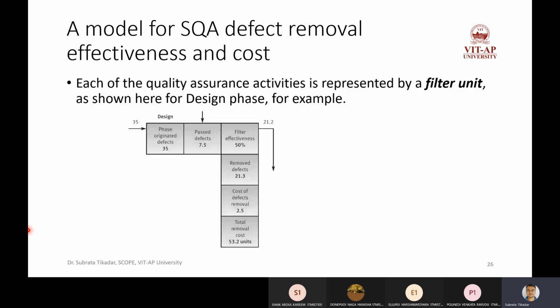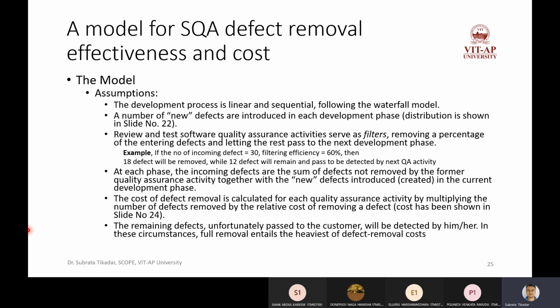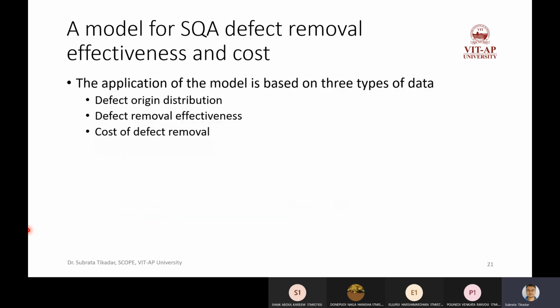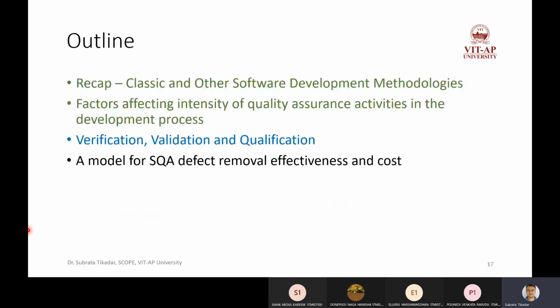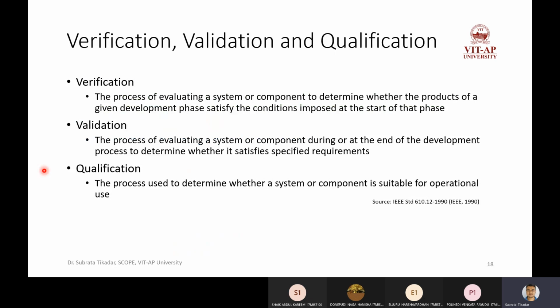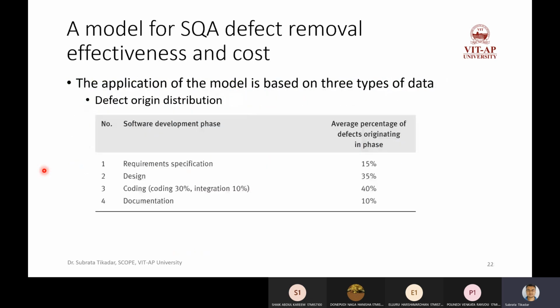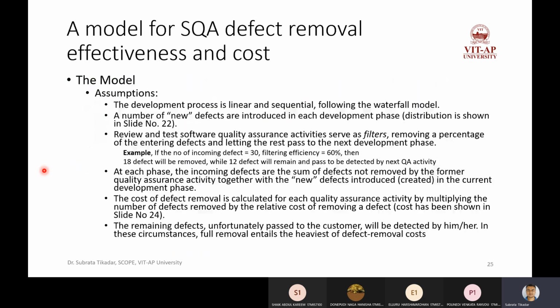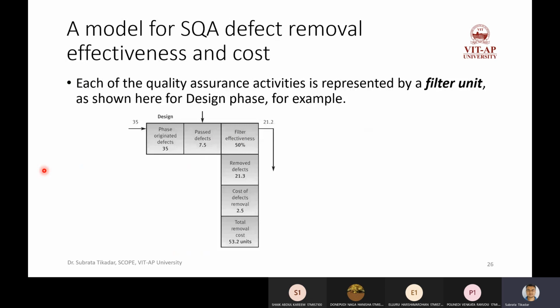Now, each of these quality assurance activities, like some I have shown earlier for the project example, varies from project to project. Each of these quality assurance activities is represented by a filter unit, as shown here for the design phase, for example.